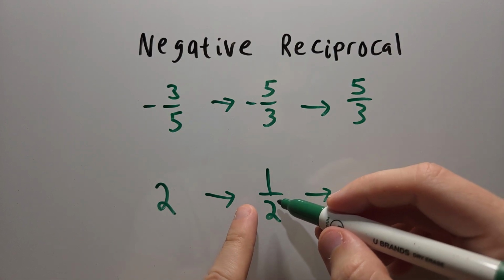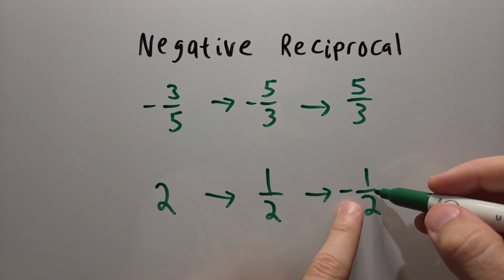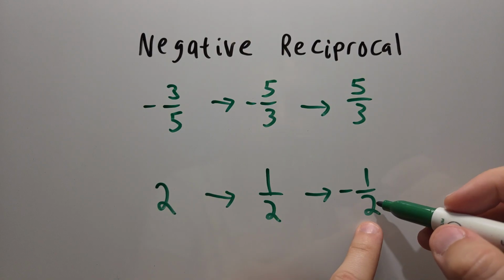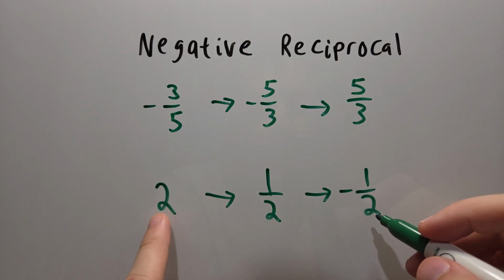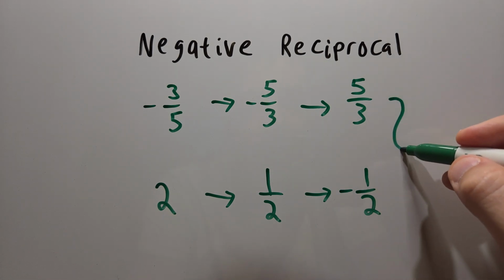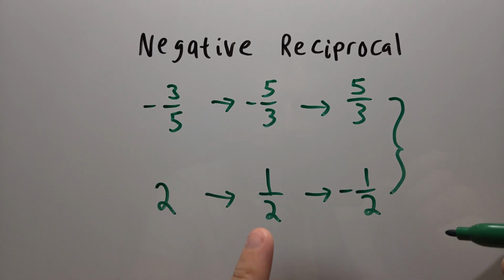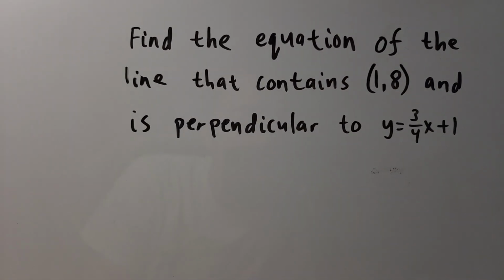Since this is positive, the perpendicular slope, or in this case, the negative reciprocal, will be -1/2. So 2 times -1/2 is -1. That is how we find a perpendicular slope, and that is key to understanding problems like this.